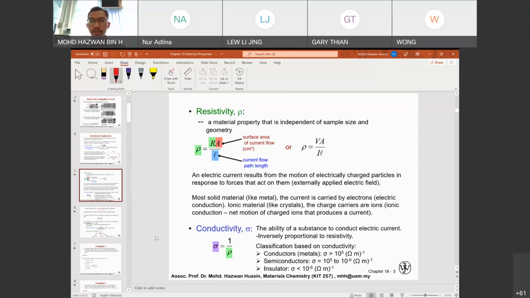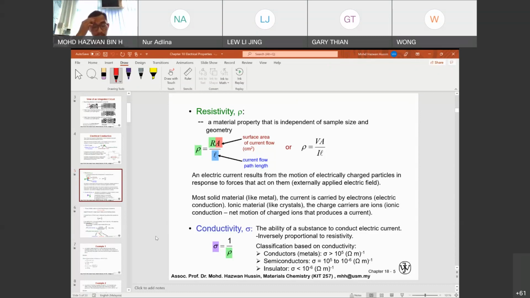Meanwhile, conductivity. What does it mean by conductivity? Conductivity means the ability of a substance to conduct electric current. So it is inversely proportional to resistivity. If you have a higher resistivity, it means you have low conductivity. If you have less resistivity, then you have higher conductivity.